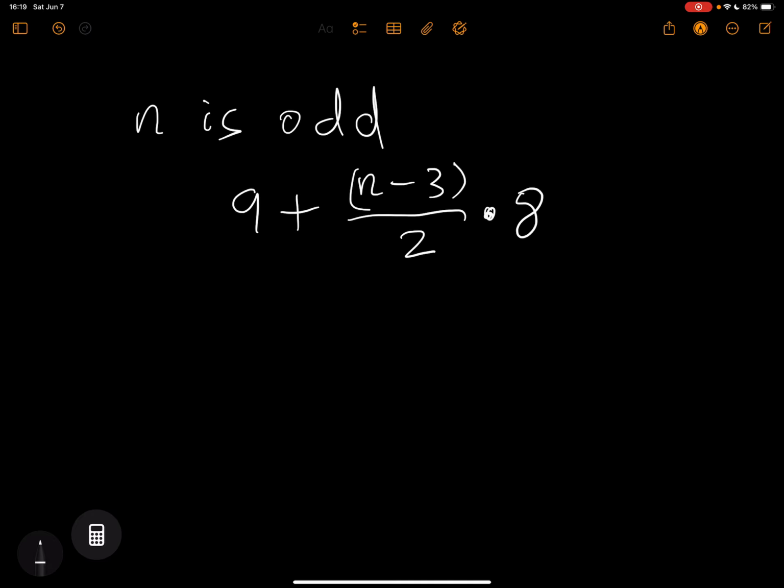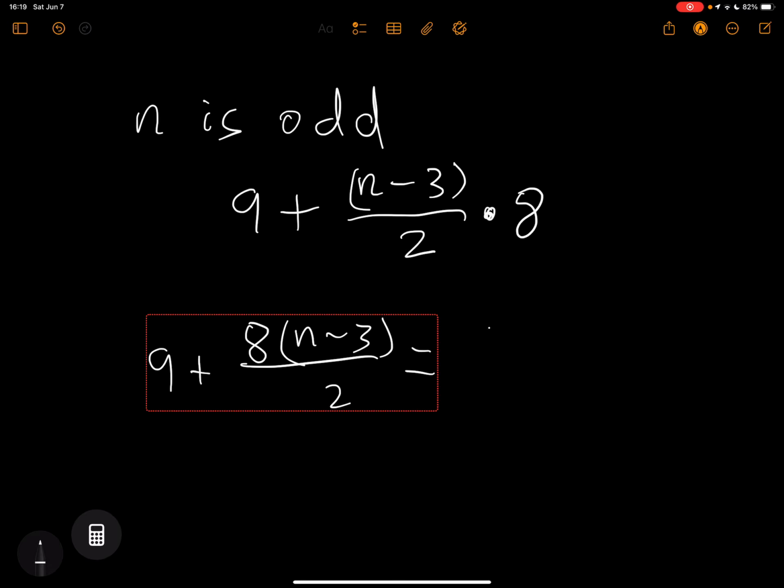So now we can simplify. Peaceful music in the background, if you have noticed. If not, well, I don't know why you cannot hear, but we just rearrange. Sorry, I made a mistake.